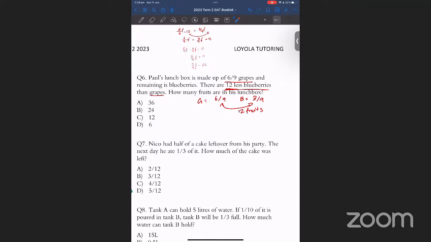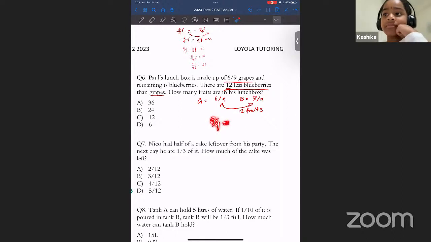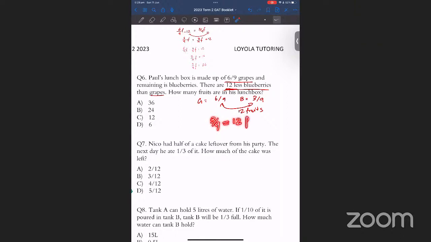Another way to think about it: the difference between 6 9ths and 3 9ths as a fraction is 3 9ths. So 3 9ths is equal to 12 fruits, and because 3 9ths is 12 fruits, then 9 9ths is 36 fruits. Do you guys understand? Yeah.